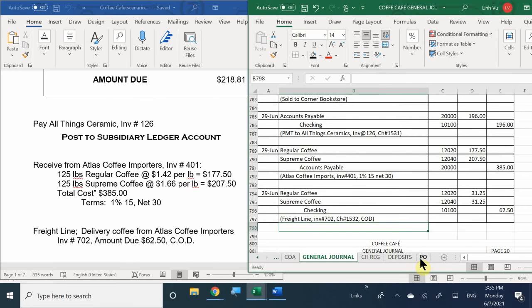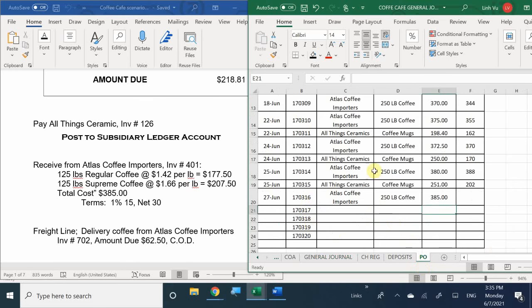So I believe this PO is going to be 170316 for 250 pounds of coffee, 50/50 regular and supreme, 385. Invoice number is going to be 401.